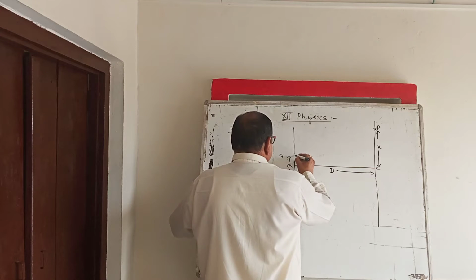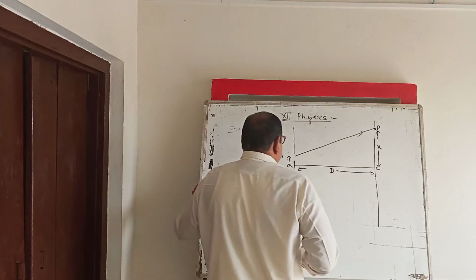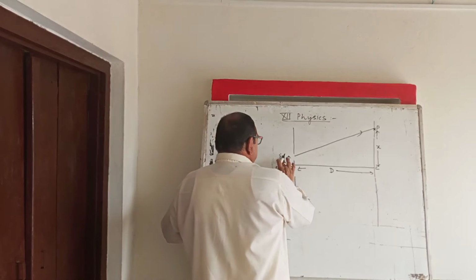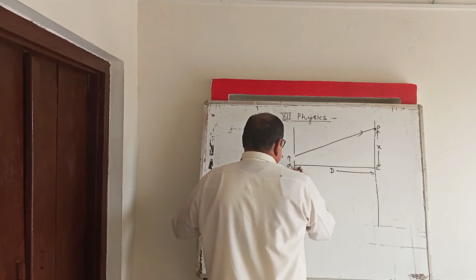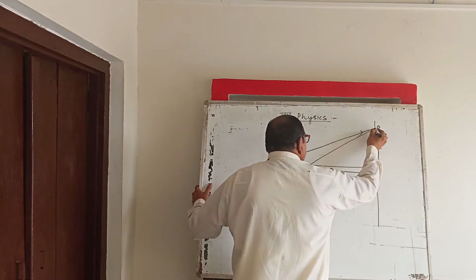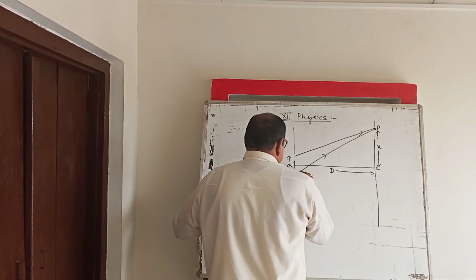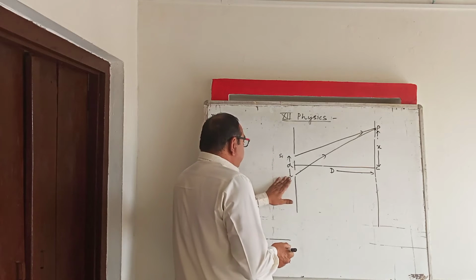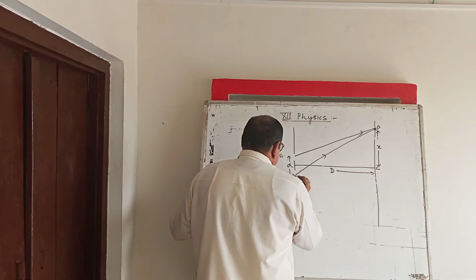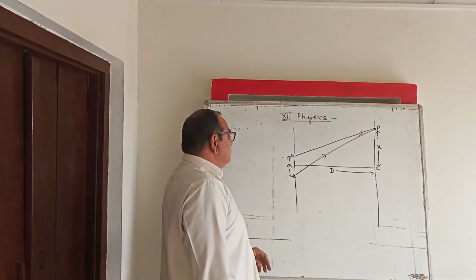Now, this ray goes from S1 and this ray goes to P from S2. This is S1P, this is S2P.